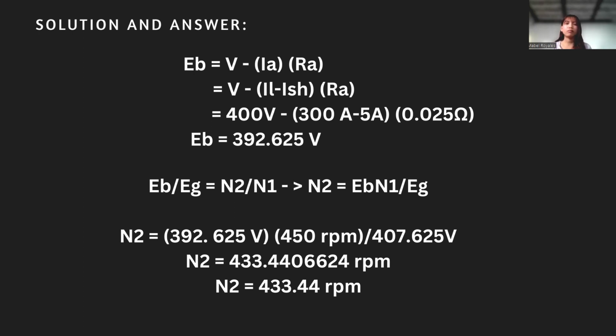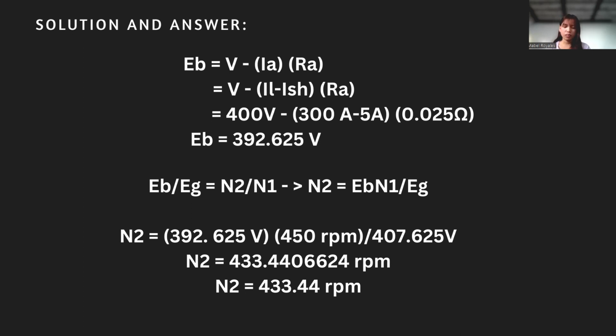To get N2, which is the speed, we need this formula: the back EMF EB over EG of the generator equals N2 over N1. So, to get N2, N2 equals EB times N1 over EG.